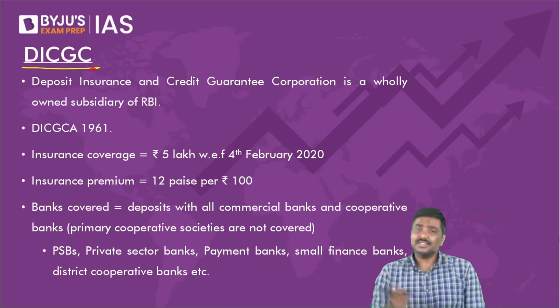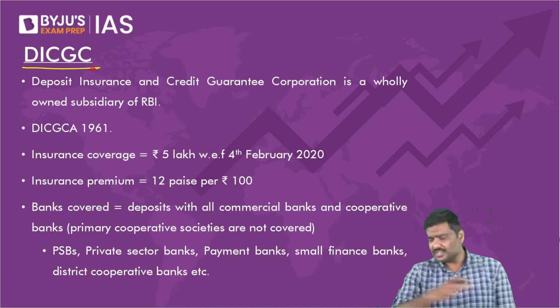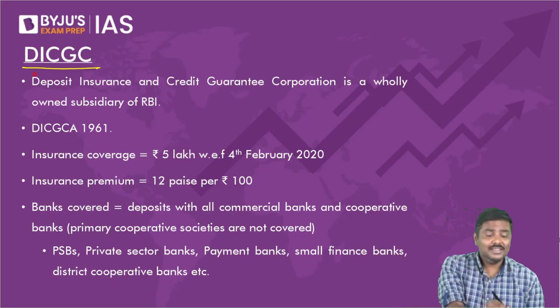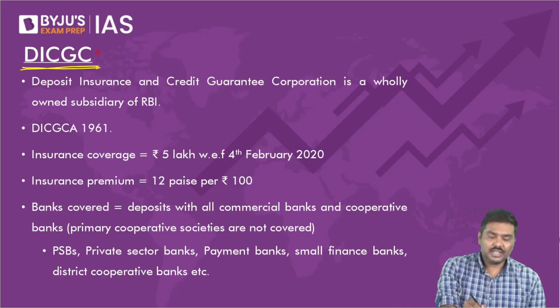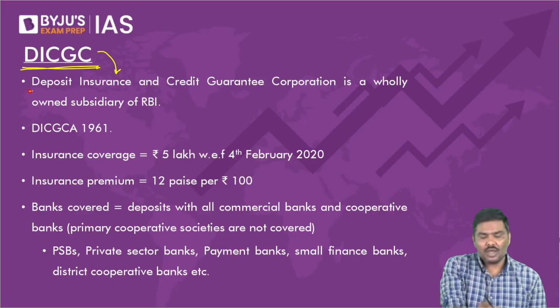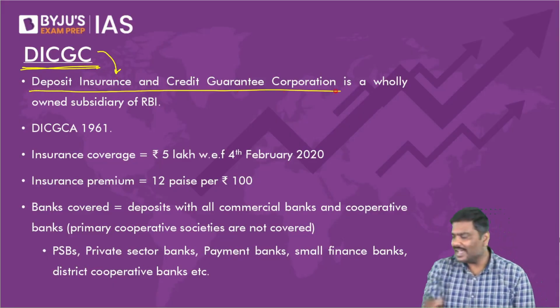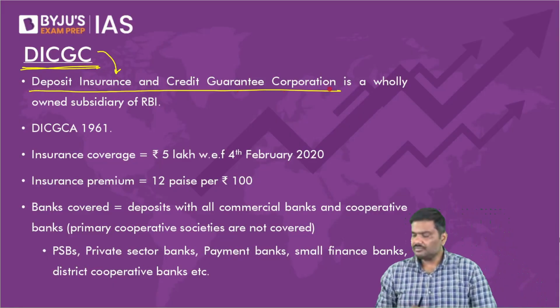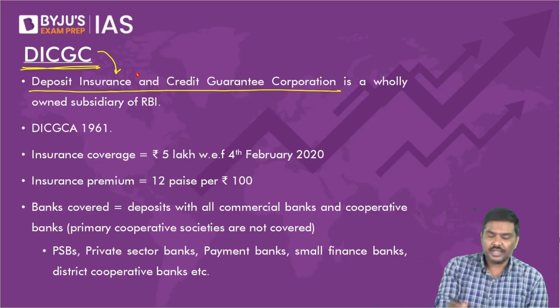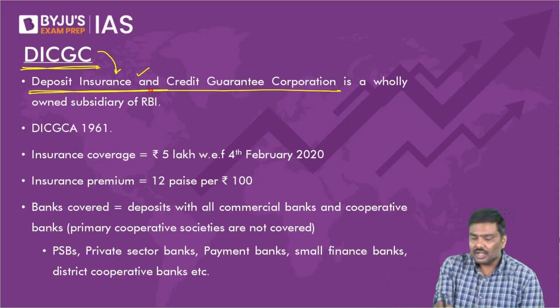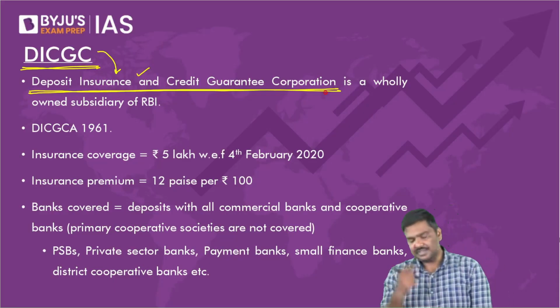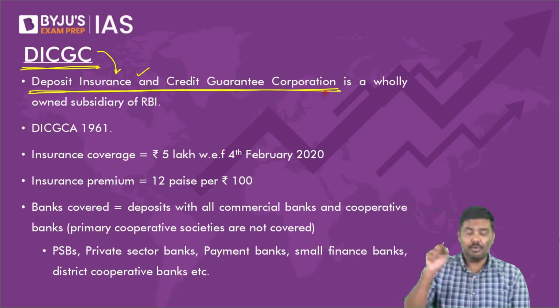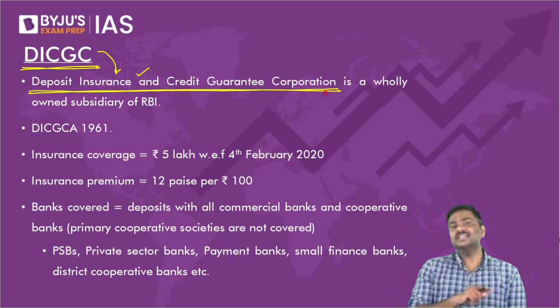Now let me go to the next component here. DICGC. We are still in RBI only. After this, we'll be done with RBI. What is the long form of DICGC? Deposit Insurance and Credit Guarantee Corporation. Now, what is this DICGC?